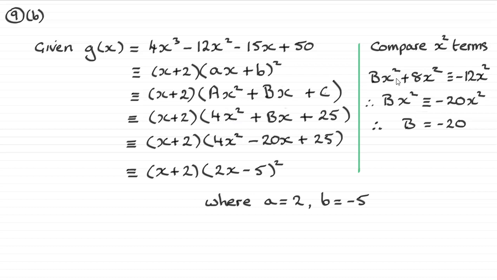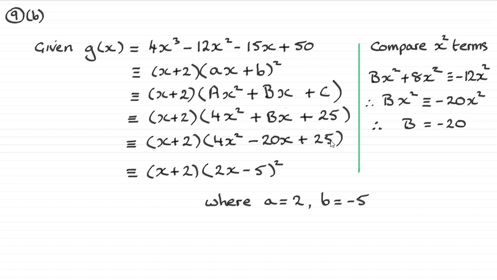So we've got bx squared plus 8x squared must be identical to the minus 12x squared we have up here. So that means that if we subtract 8x squared from both sides, bx squared would be minus 20x squared, so b would be minus 20, which I filled in there.